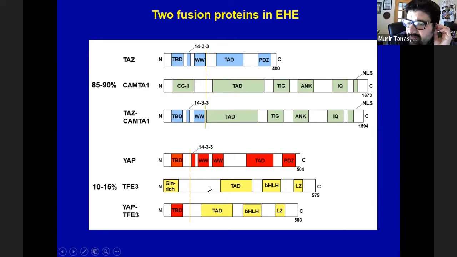What these fusion proteins have in common is that they conserve the TEAD binding domain of TAZ and YAP, as well as the transactivating domain of their fusion partner and other protein-protein interaction domains. Several labs have elucidated this, including Frank Szulzewsky's work yesterday, and the graduate student in my lab, Keith, also presented some work elucidating the function of the C-terminus. We'll get to that a little bit later in the talk.